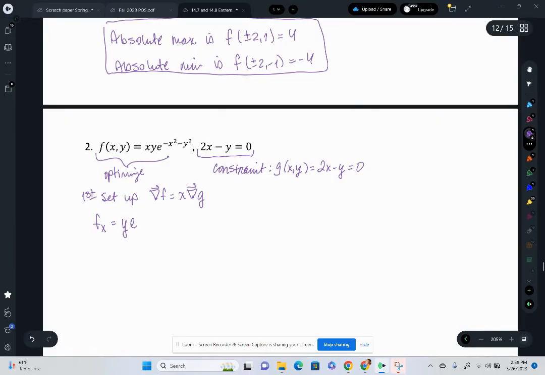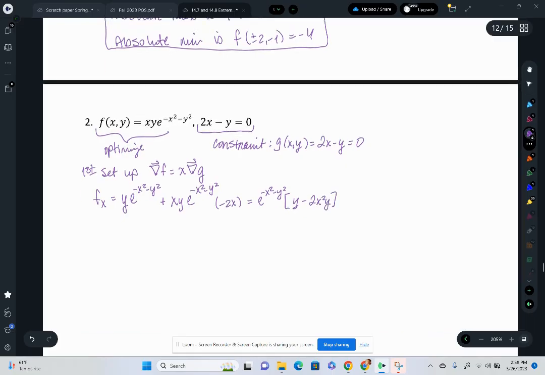That'll give me y e to the minus x squared minus y squared plus x y, and then the derivative of e to the minus x squared minus y squared with respect to x gives me e to the minus x squared minus y squared times the chain rule, which gives me a negative 2x. And then this finally simplifies to, it looks like I'm going to factor out an e to the minus x squared minus y squared and leave behind a y minus 2x squared y.